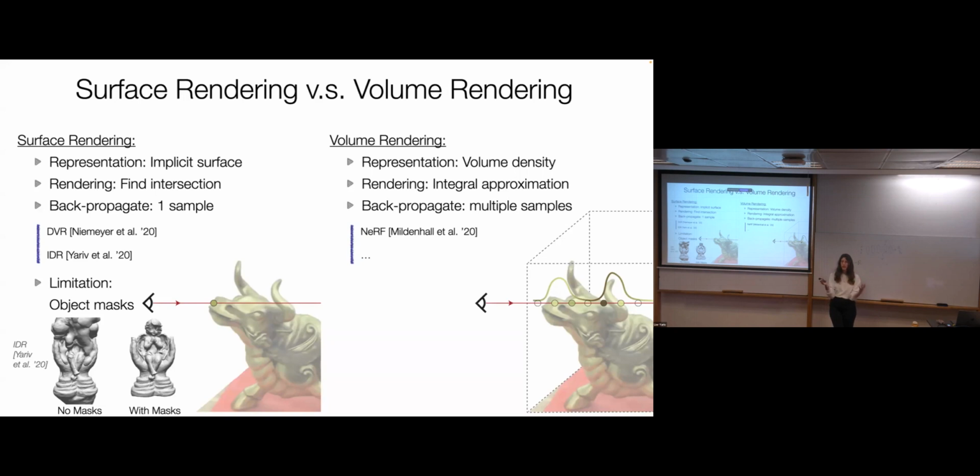You can simply render and differentiate according to each point that you have. So NeRF doesn't need any additional input such as masks in order to reason about background or foreground.